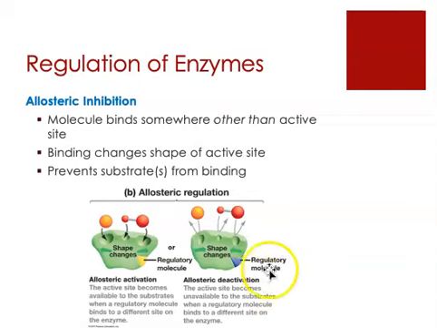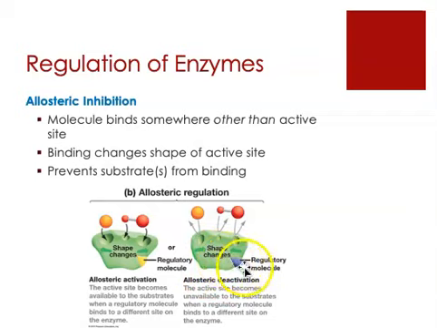And the answer is, when the regulatory molecule, shown in blue here, comes in and binds somewhere else on the enzyme, it's going to cause to happen what always happens when you bring two molecules together. It's going to cause that protein to change shape.